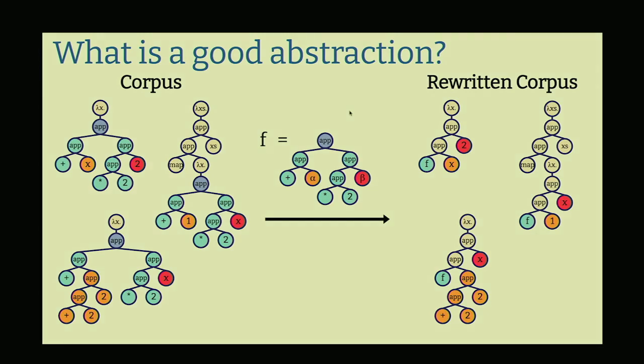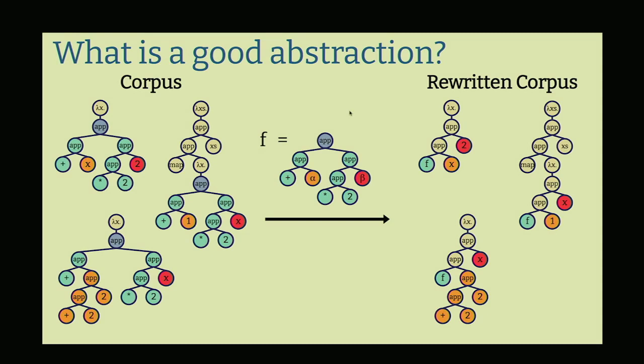So this helps regularize this a bit, to make sure we aren't just endlessly adding abstractions to our library. But also, in general, depending on your specific synthesizer, you can basically come up with a cutoff criterion that tells you when adding a new abstraction is not going to be worth it.